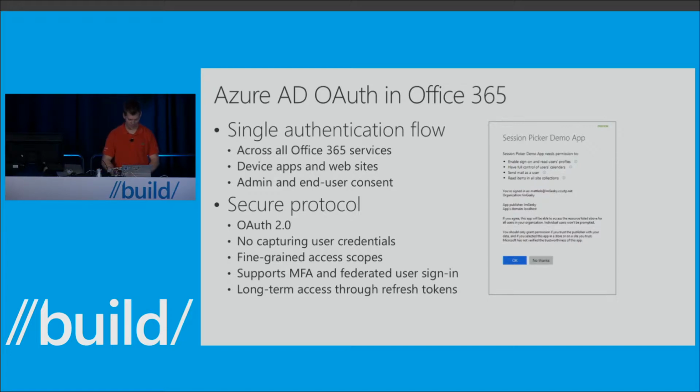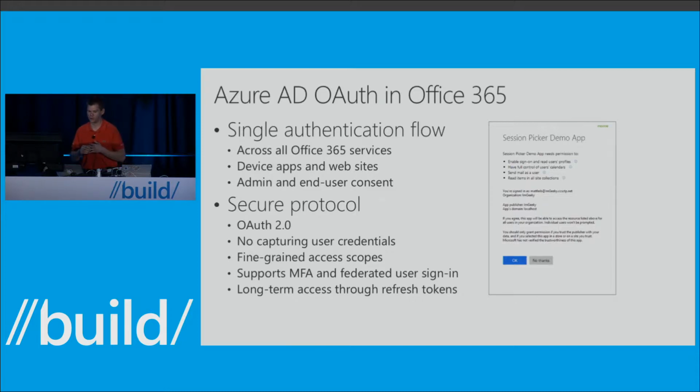So that's a pretty key thing and a value prop that we say about Office 365 as the identity provider for some of the apps that you write. We support all types of apps, both native apps and web applications.